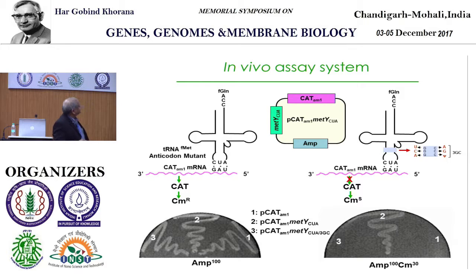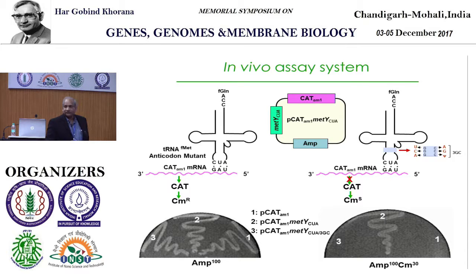Now, no surprises that when we touch the 3 GC base pair and change the sequence to the sequence that is found in the elongator species of methionine tRNA, the tRNA, of course, does not work here. So here is the system where we have our reporter cat gene, and this is the tRNA gene where the 3 GC sequence has been mutated, even though it is still called here 3 GC.